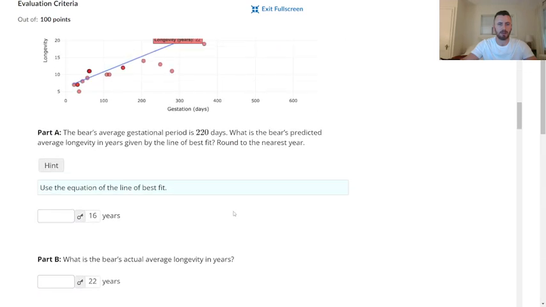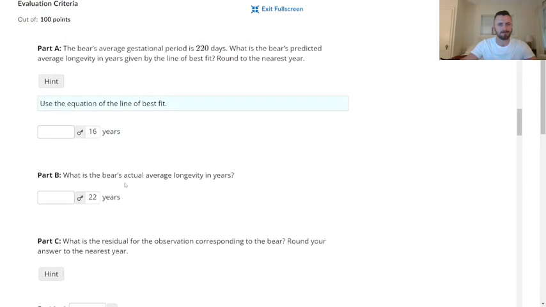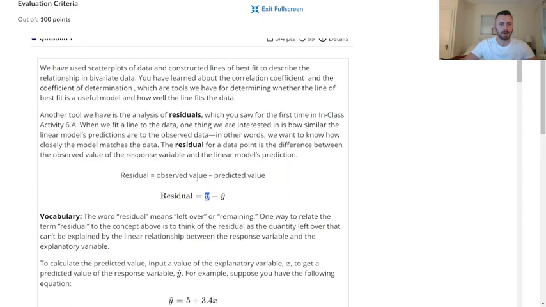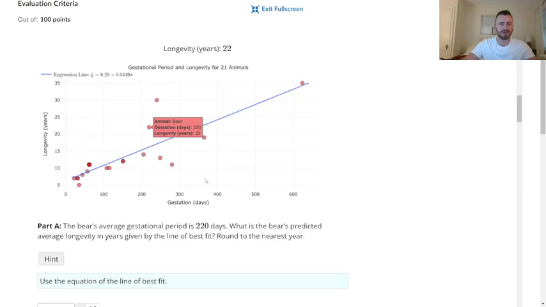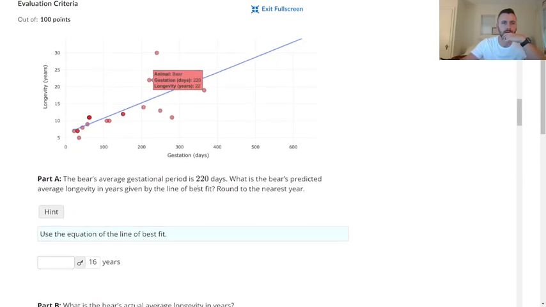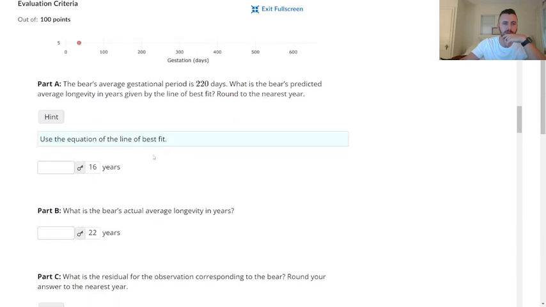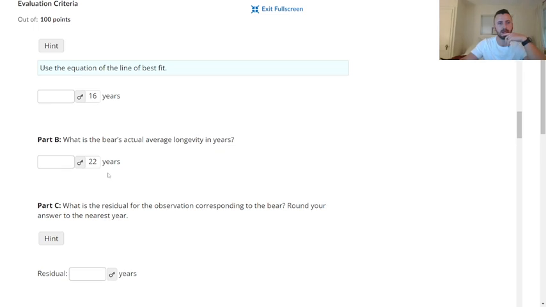For that one, the observed value was 22, and the predicted value, like we said, was 16. So if I take observed minus predicted, 22 minus 16 is 6. And we get 6 years for our answer.